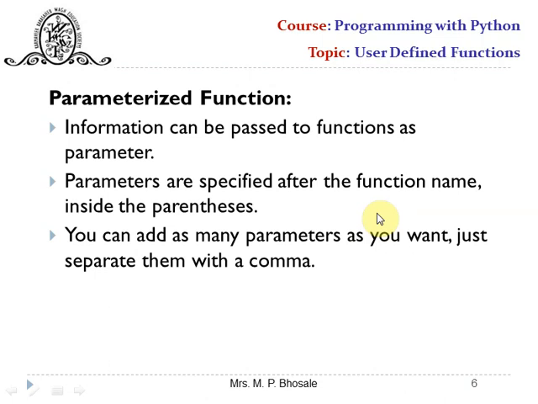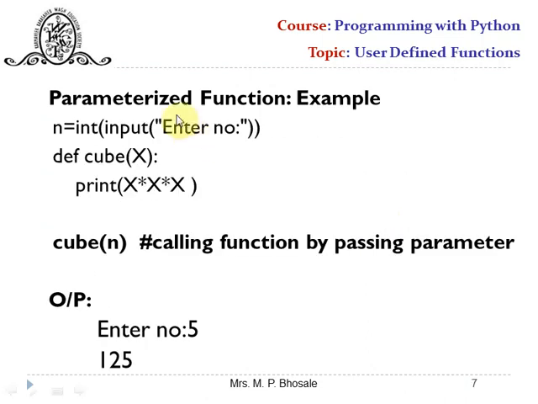So the user can pass the information in the form of arguments, and those arguments will be replaced in the function definition by its parameters. After the function name, inside the parenthesis we have to place the parameters, and you have to place a comma between multiple parameters. So here is an example.